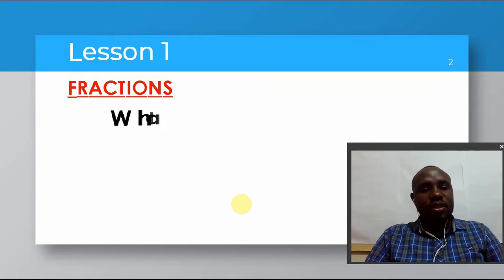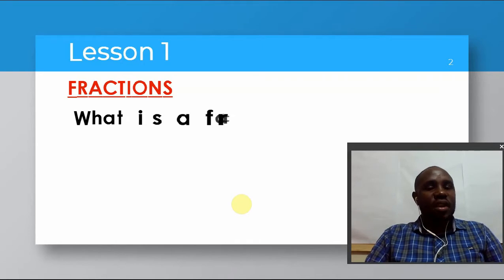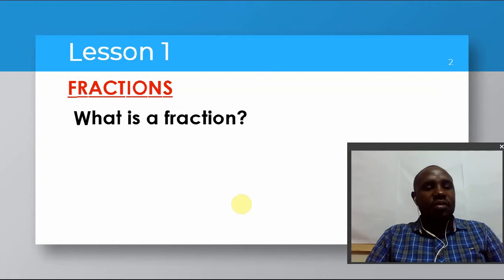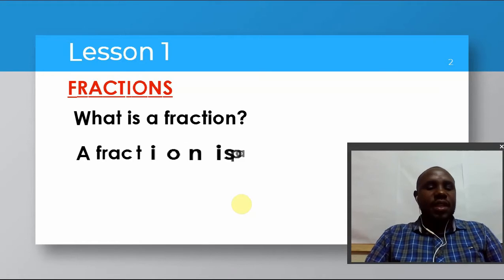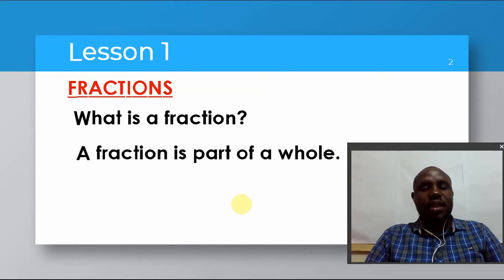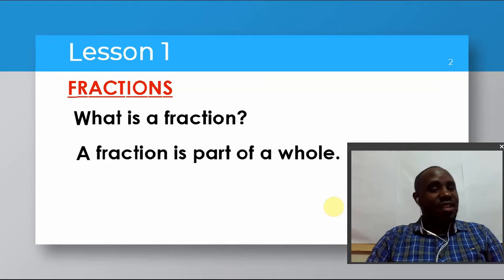What is a fraction? Teacher has brought a topic, looking at fractions. But what is a fraction? A fraction is a part of a whole. I have two words here.